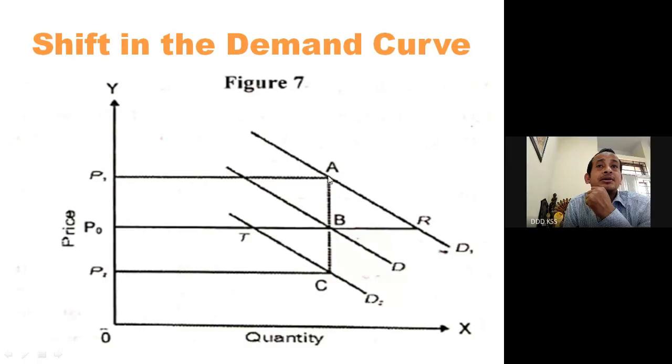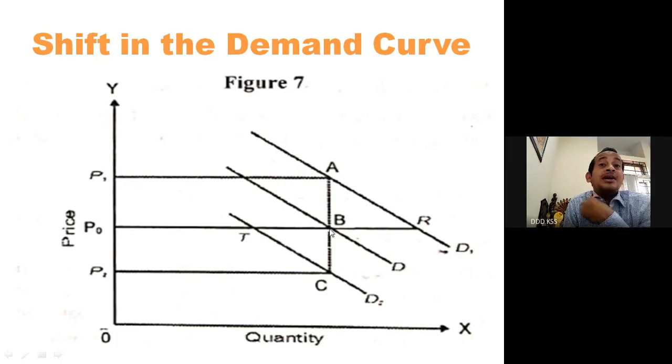Like this is P1. So when price increases, if we consider D1 is the increased demand, then with the increased price the consumer will buy the same quantity of goods. Now when can this happen?